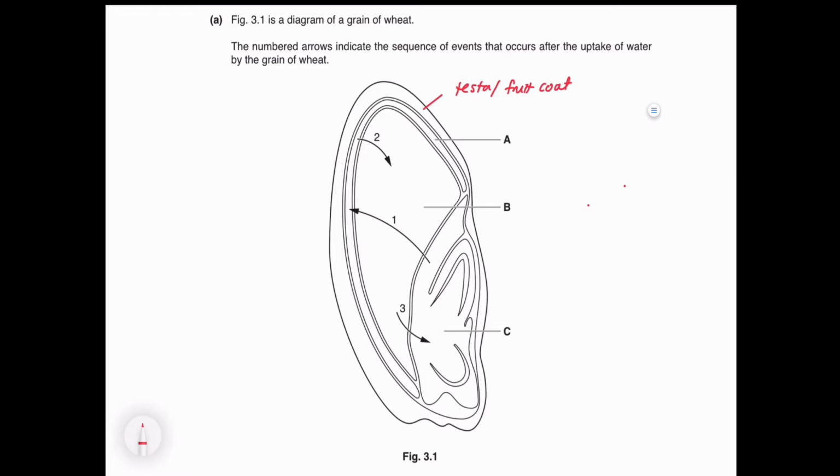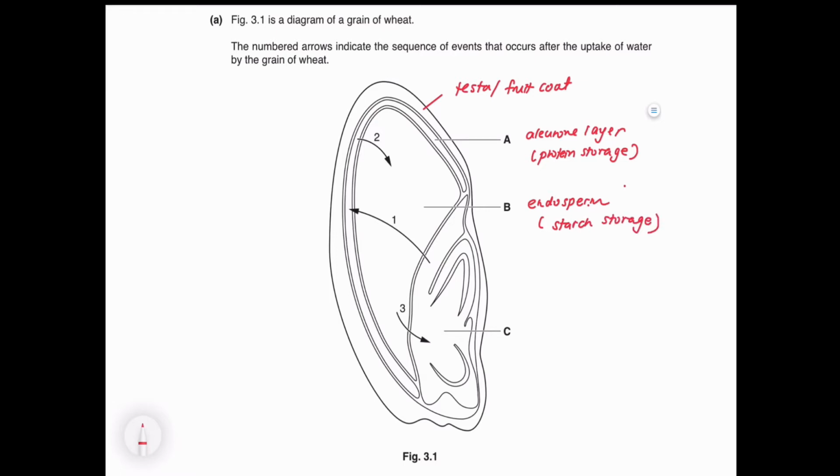The inner layer is known as the aleurone layer. This is the layer that acts as protein storage. And the innermost layer, which occupies the major part of the seed, is known as the endosperm. This is the part that acts as starch storage.